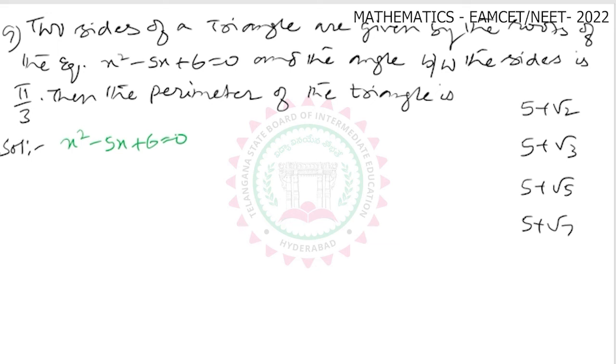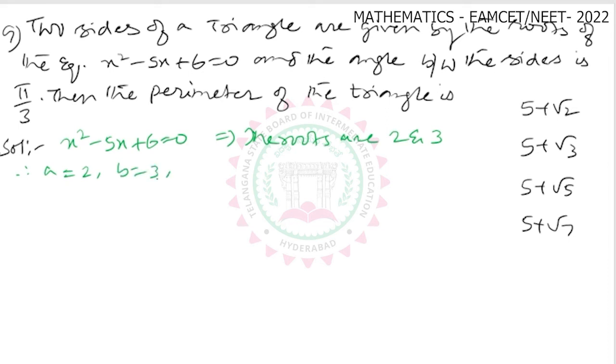So the roots are 2 and 3. Right? Therefore, one root is 2 and another root is 3. So A is equal to 2, B is equal to 3.